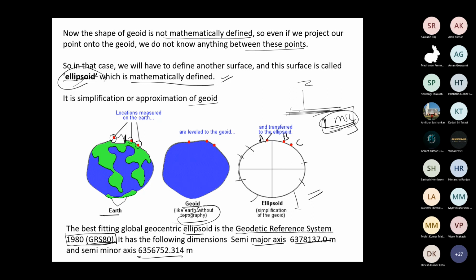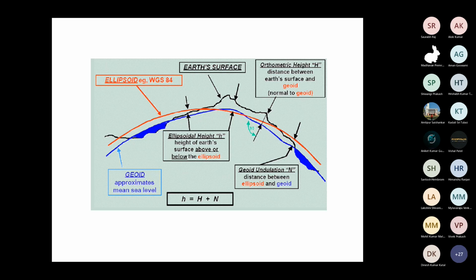No problem. Now see the dynamics. This is the Earth surface, and this is the geoid, the blue ocean line you can say. On top of that we have made the ellipsoid, which is mathematically defined.